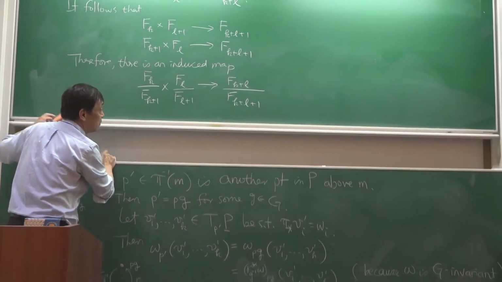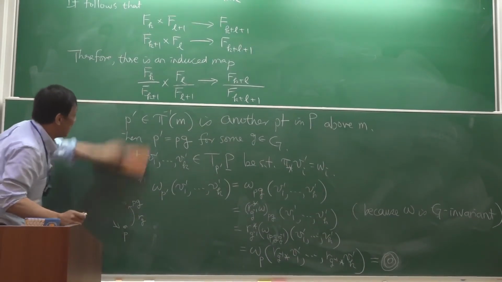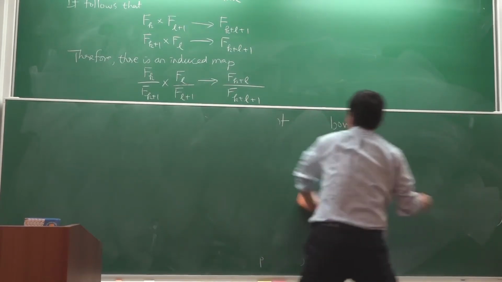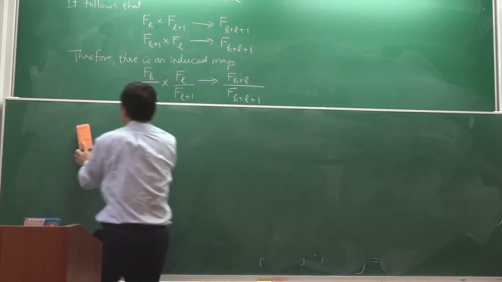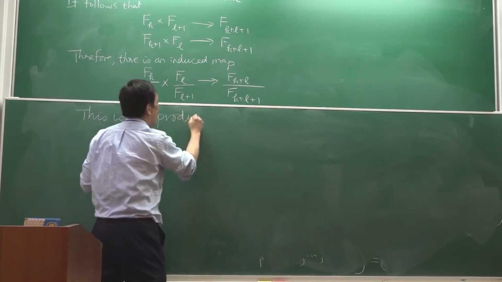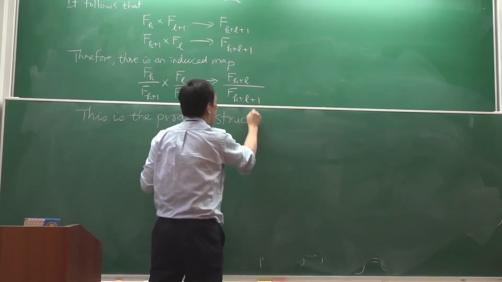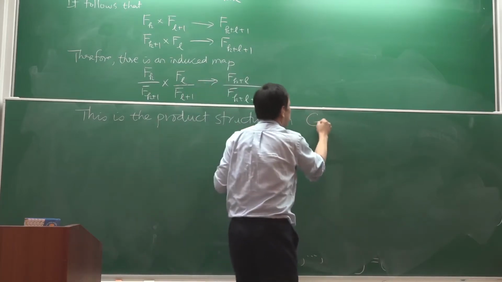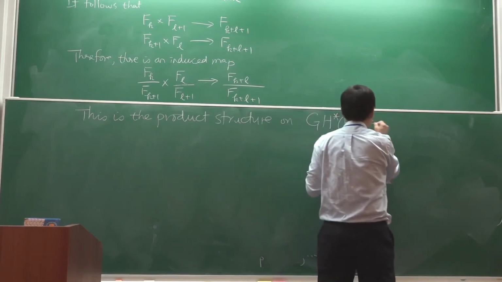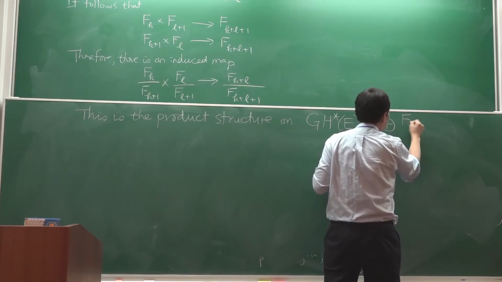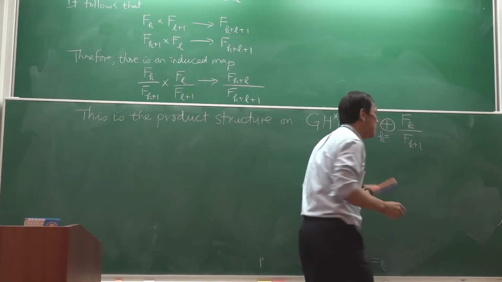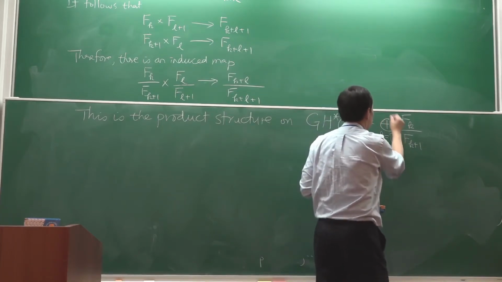So this is the product structure on the associated graded of the cohomology of the total space, which is the direct sum of F^k over F^{k+1} for all k from 0 to infinity.